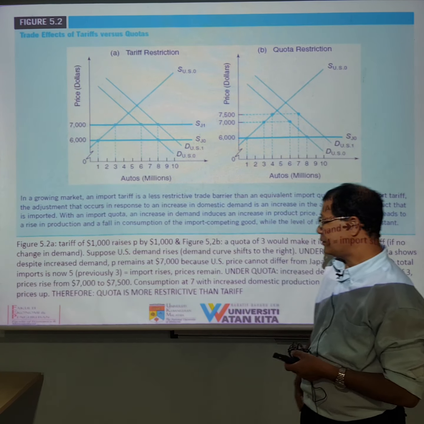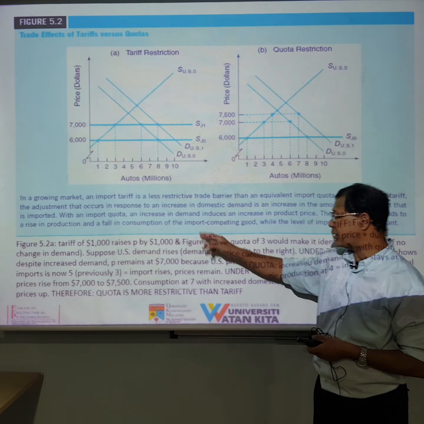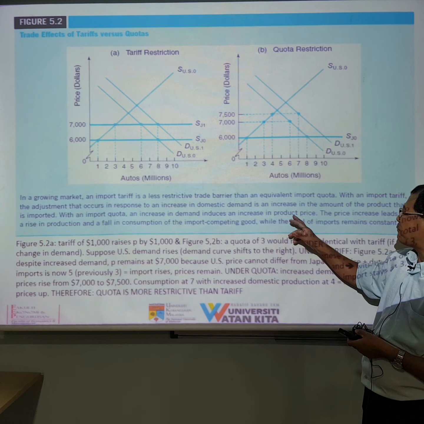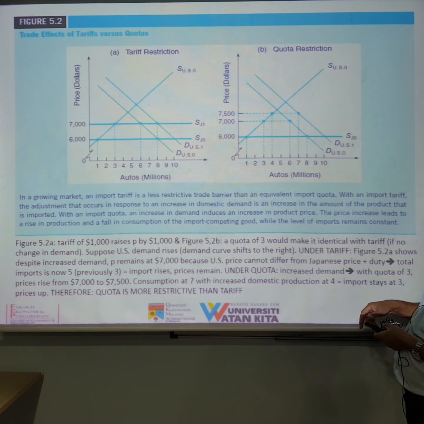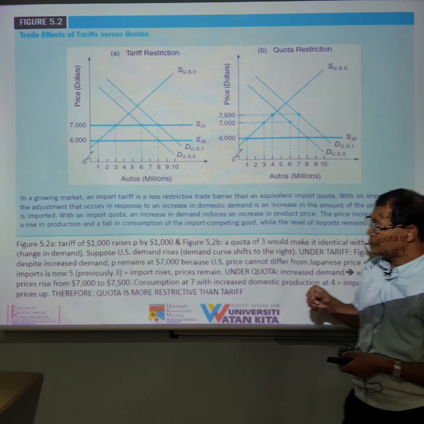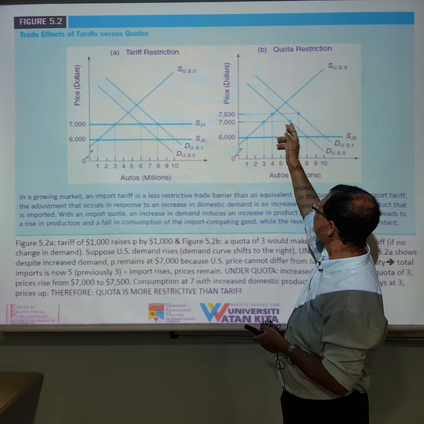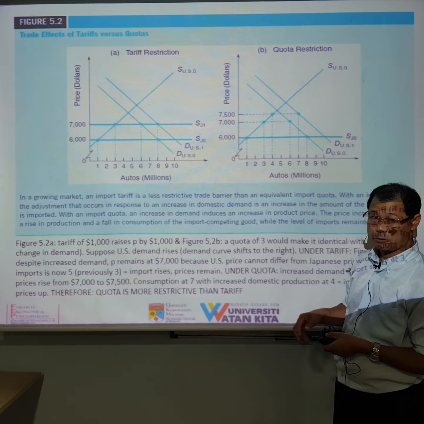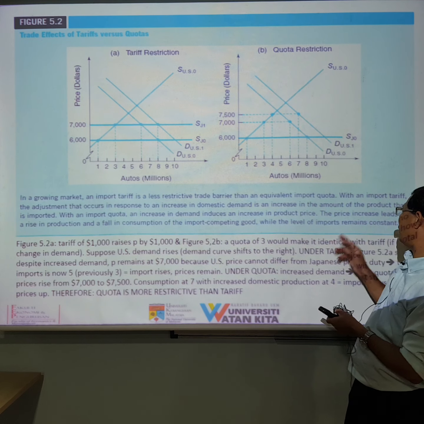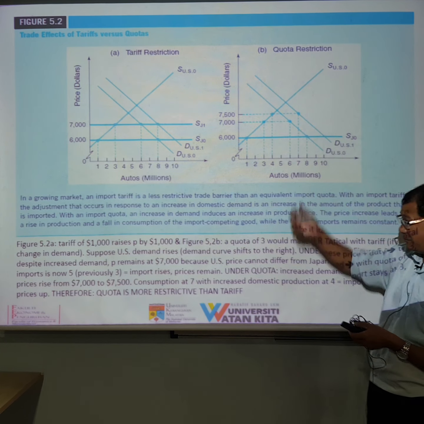With an import quota, on the other hand, an increase in demand induces an increase in product price. The price increase leads to a rise in production and a fall in consumption of import competing goods, while the level of imports remains constant at 3.